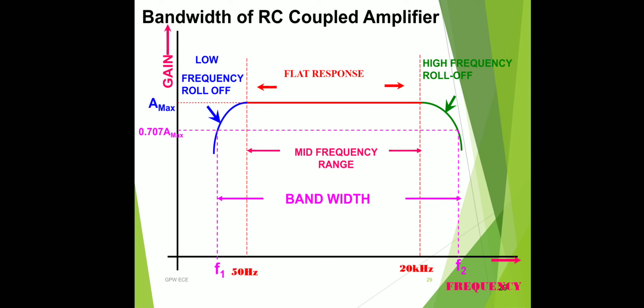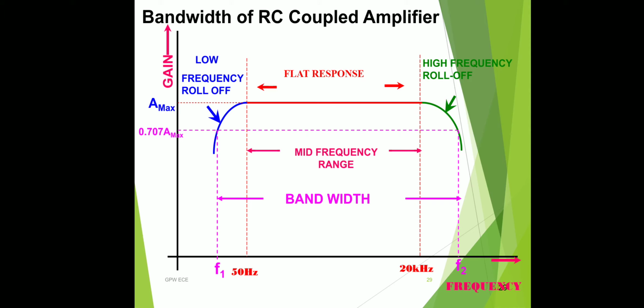From F1 to 50 Hz the gain increases rapidly, and from 50 Hz to 20 kHz it is a flat response, the gain is constant. From 20 kHz to F2, the higher cutoff frequency, the gain goes on decreasing. That means low frequency roll off, flat response, and high frequency roll off. The range from 50 Hz to 20 kHz we call the mid frequency range.